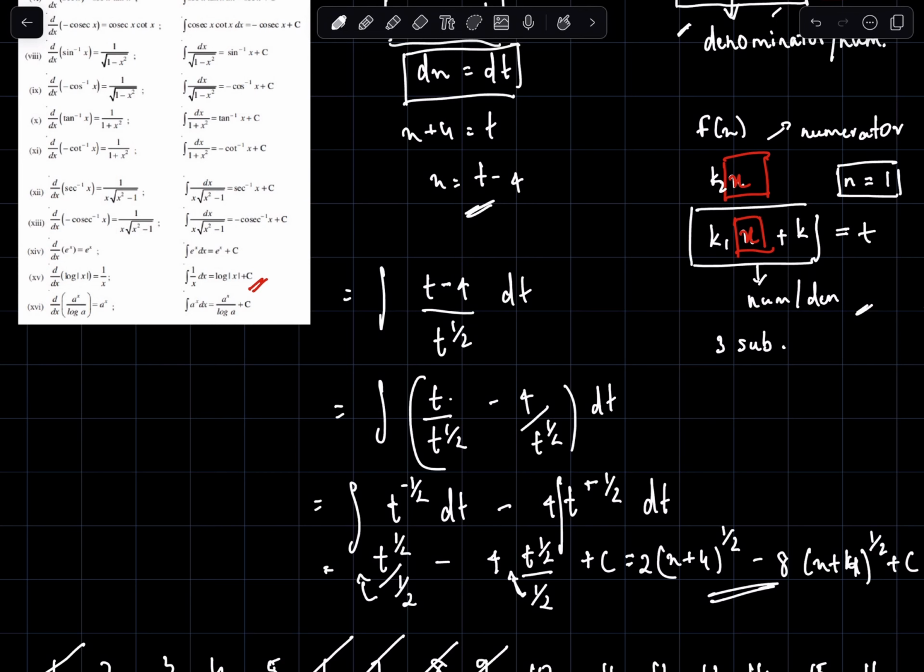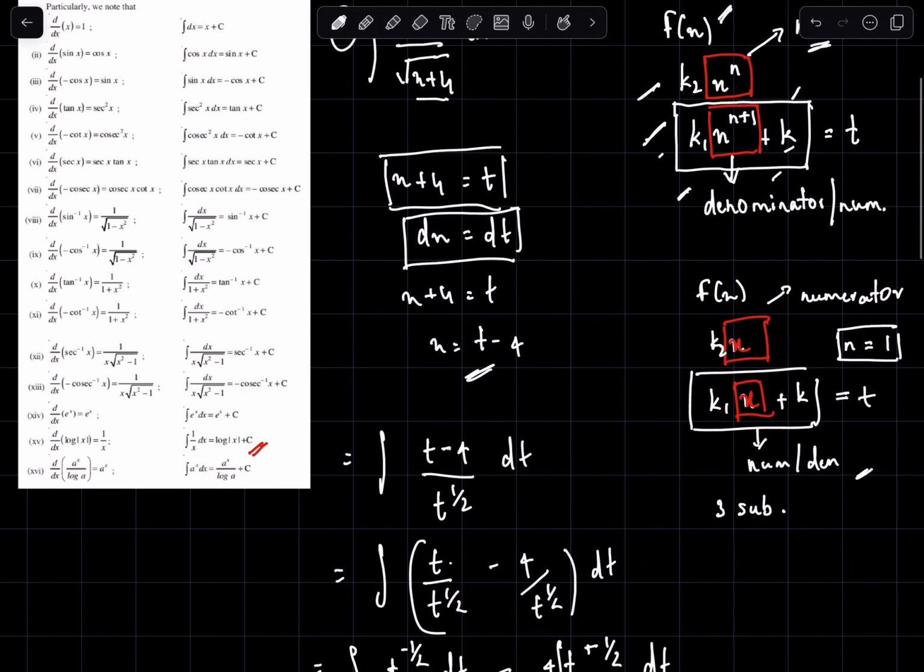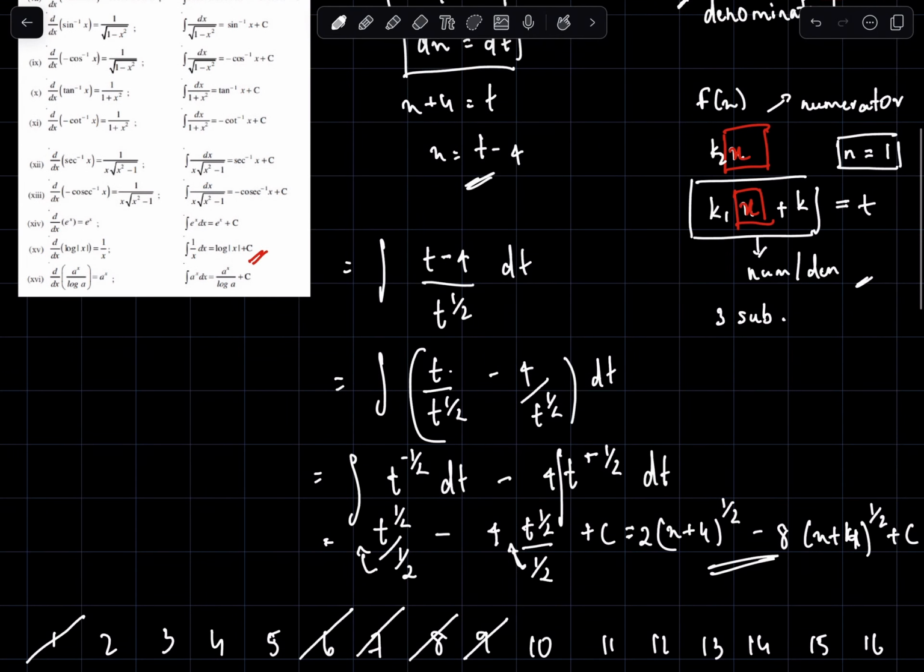Okay, let's confirm this. So this is question number 11. Checking the solutions. So what should be the answer? Okay, it seems to be wrong.